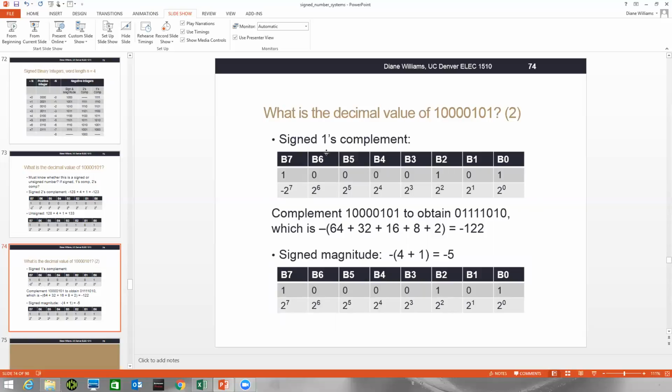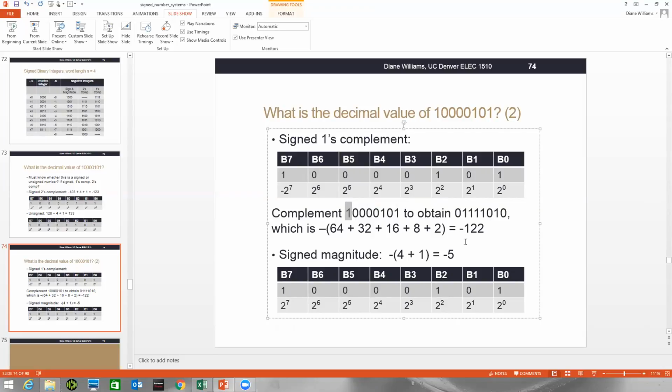Or the other thing we can do is, because this was signed 1's complement and it has a negative sign, in order to get the decimal value, we could complement it back. So we could form the complement. We now have a positive value, so we find the magnitude of this number. The magnitude of this number is 122. What we remember is that the original sign was a minus sign, so we put a minus sign in front of this calculation to get minus 122.